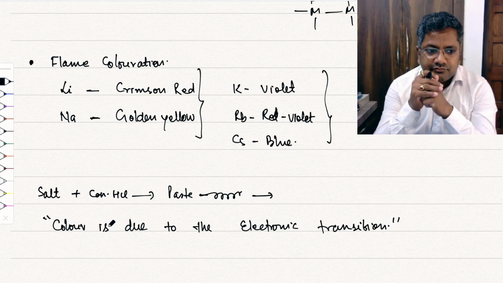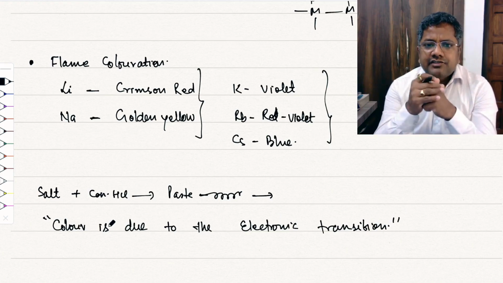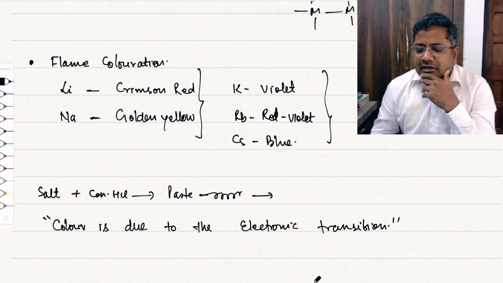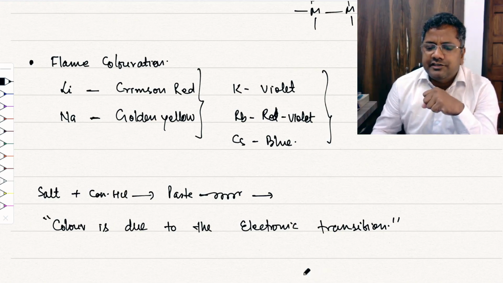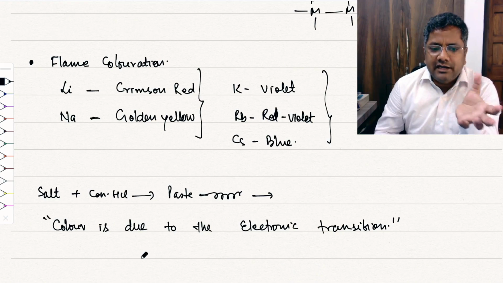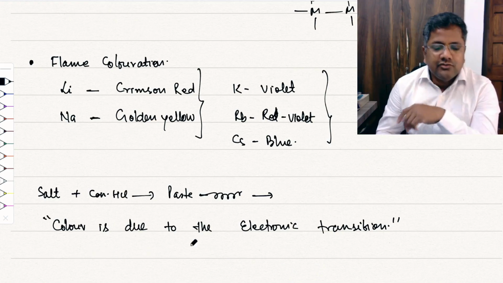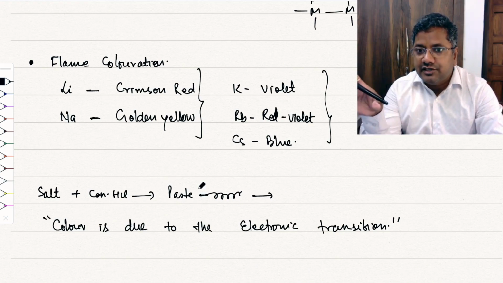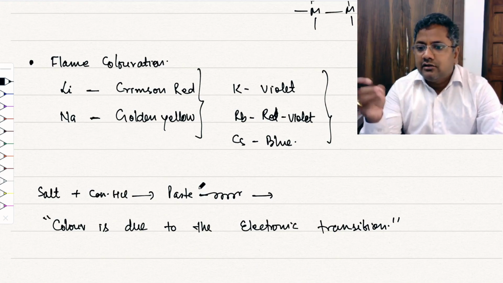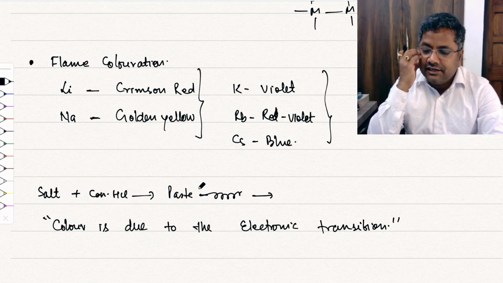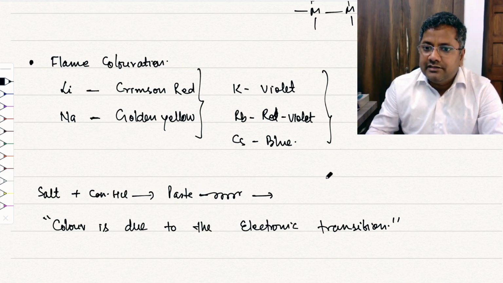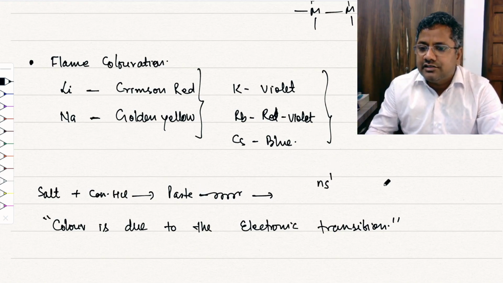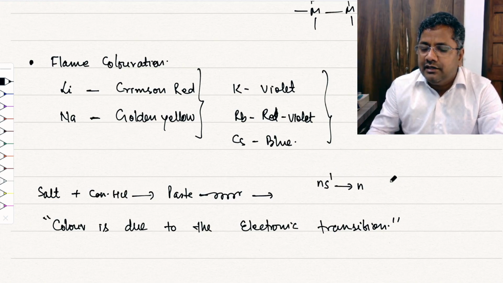In the case of lithium, one very short-lived species is formed, that is lithium hydroxide, in the flame. In other cases there is no compound formation. Only the electron will excite and de-excite, right? For example, the general electronic configuration is ns1. This will go to np, any n dash p.